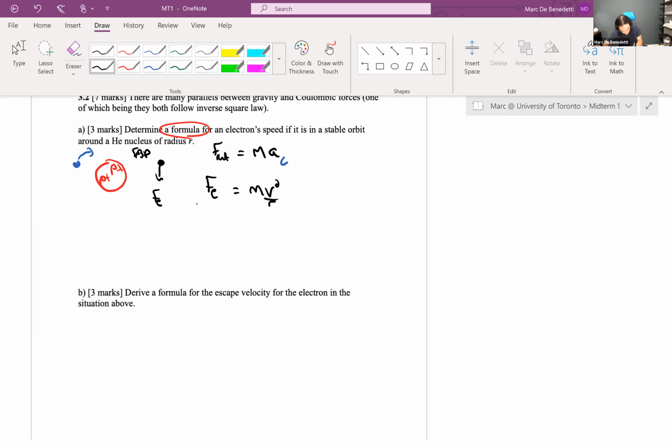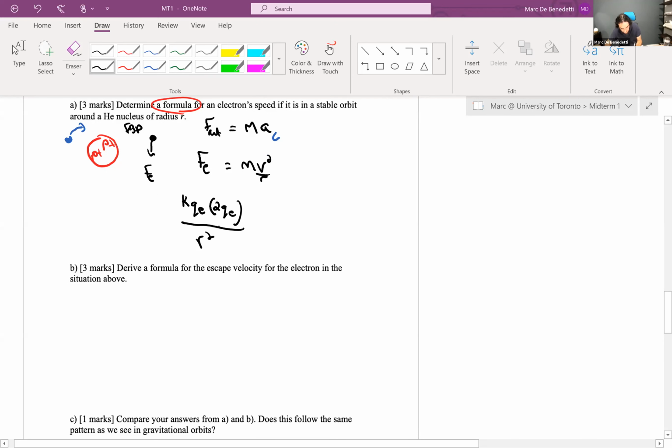So this is going to be k times Q of the electron times 2 times Q of the electron, because it's 2 protons. And the proton, nicely enough in nature, has the same magnitude of charge, just opposite sign as the electron. So in terms of variables, we can just say it's 2 times that of an electron.